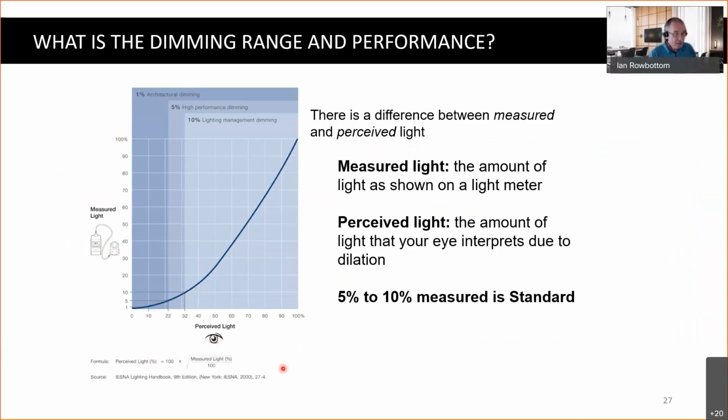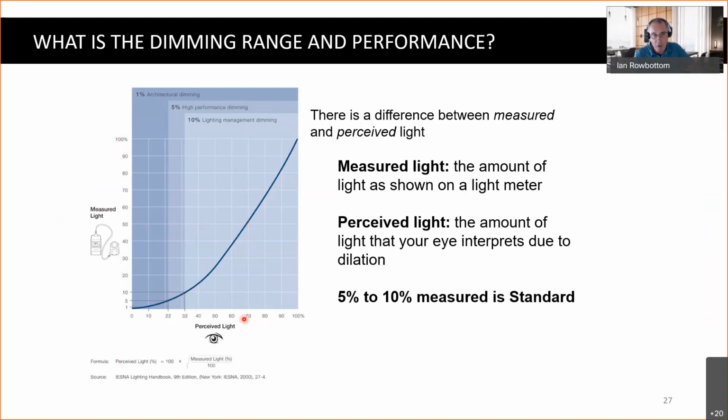So our eye doesn't have a straight line response to measured light. For example, we reference everything at 100%. If I measure the light at 50%, because of how my pupil responds, my brain perceives that light, instead of dimmed by 50%, I have now only dimmed by 30%.